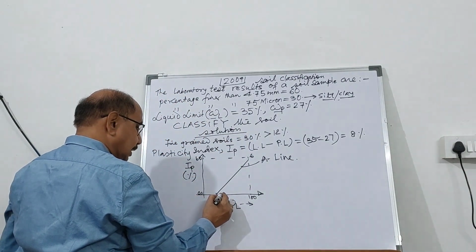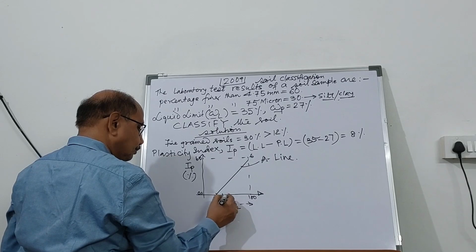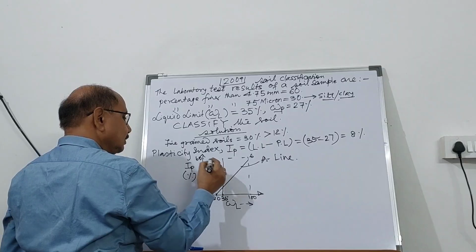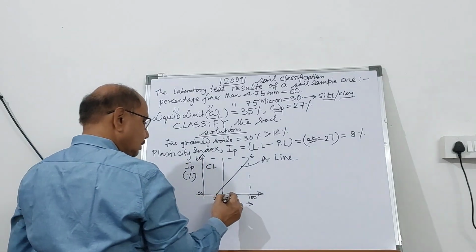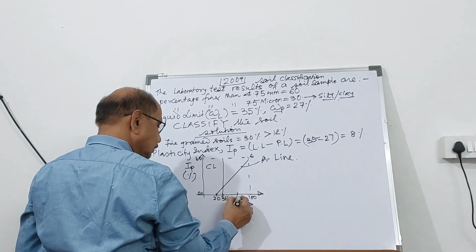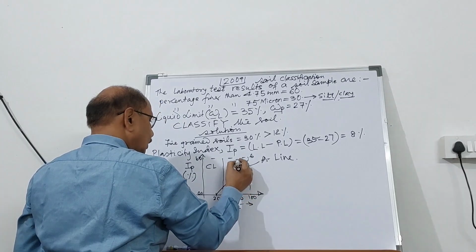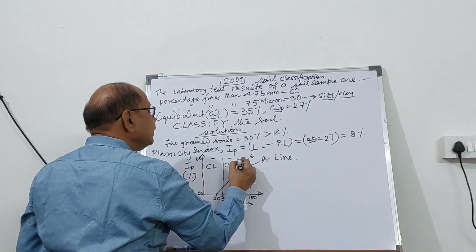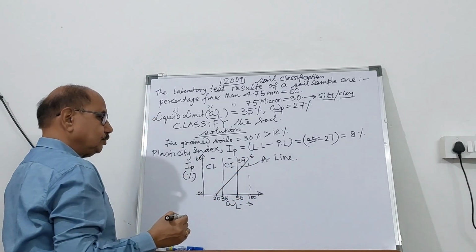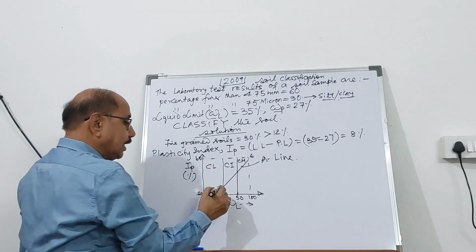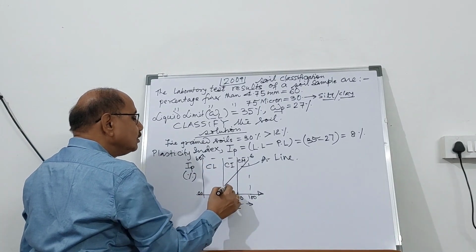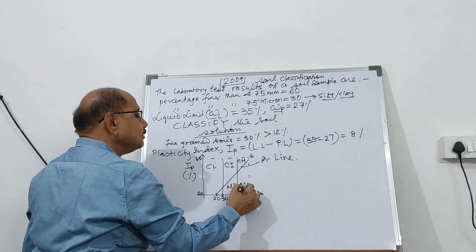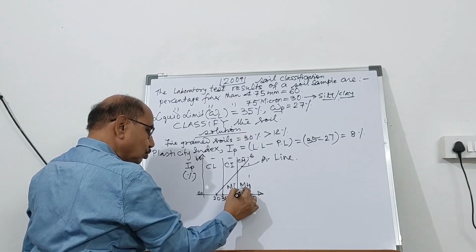At 35% and less than that, the soil is going to be CL. Between 35 and 50, it is going to be CI above the A line, and beyond 50%, it is going to be CH. And below the A line, it is going to be silt. So it is all silt here, or it could be organic soil.